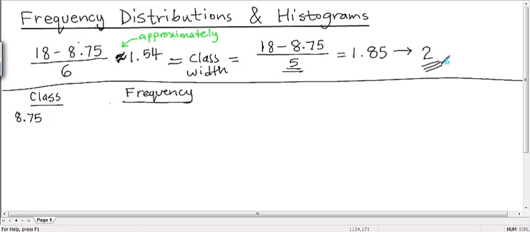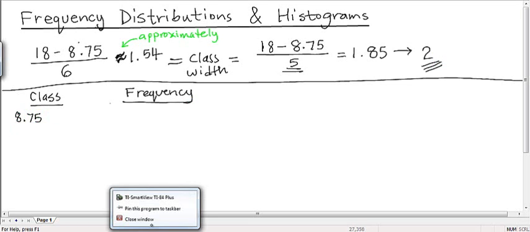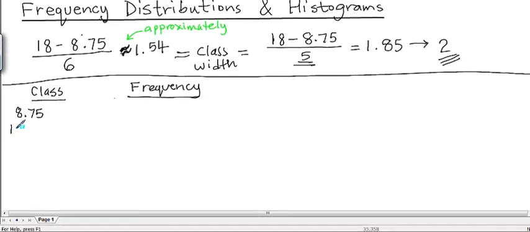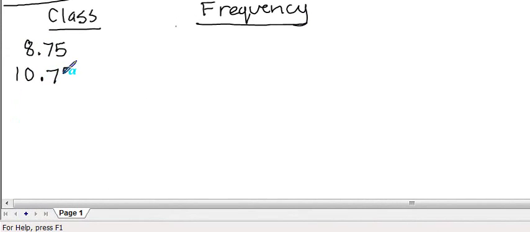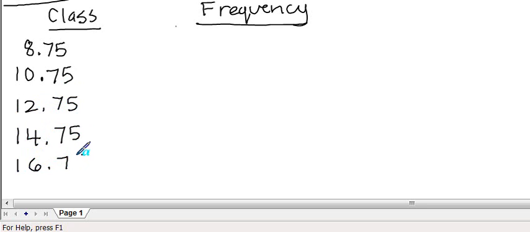So 8.75 plus 2 is 10.75, plus 2 is 12.75, plus 2 is 14.75, plus 2 is 16.75. These are my lower class limits, and the upper class limits are just going to be the number right below the next lower limit.